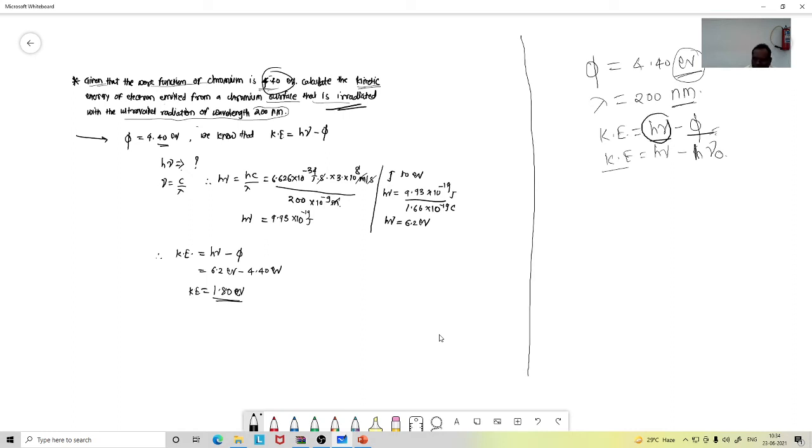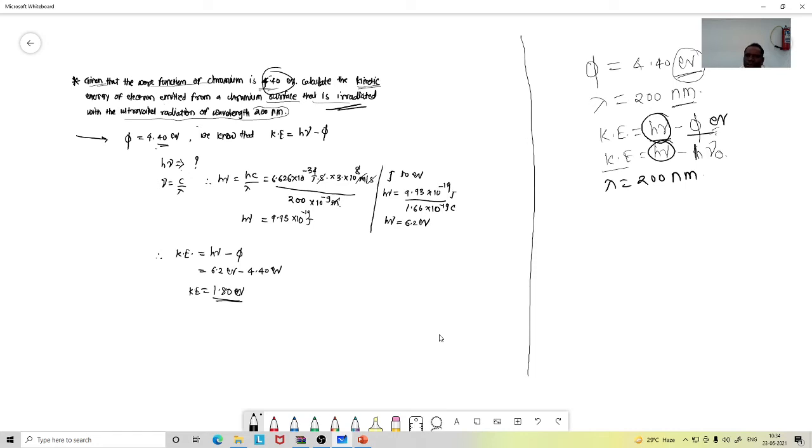Therefore for this h nu we use the wavelength, lambda is equal to 200 nanometer. Now we have learned how to convert nanometer into meter, because phi is in electron volt.